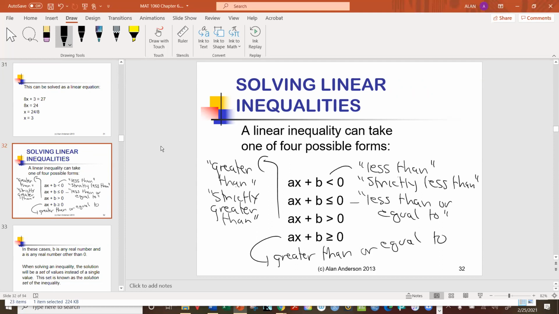Okay, so that little extra bar there implies that it's also possible for it to be equal to. So, less than or strictly less than; less than or equal to, because that little bar is here. This one is greater than or strictly greater than. And then finally, we have greater than or equal to.